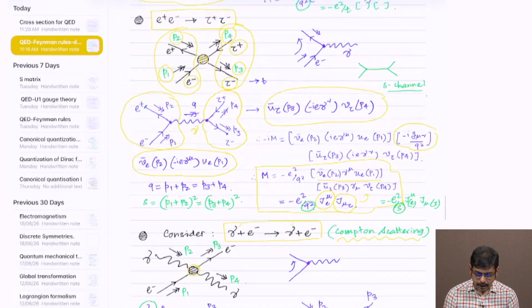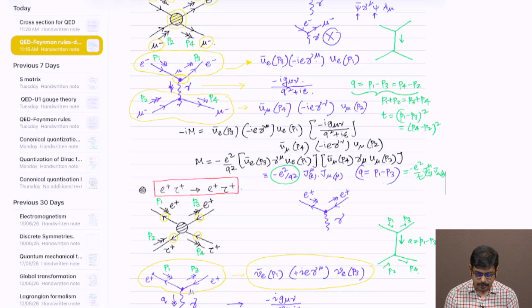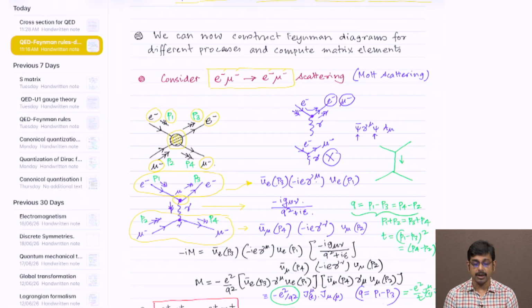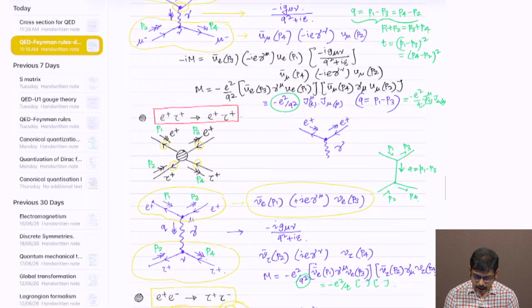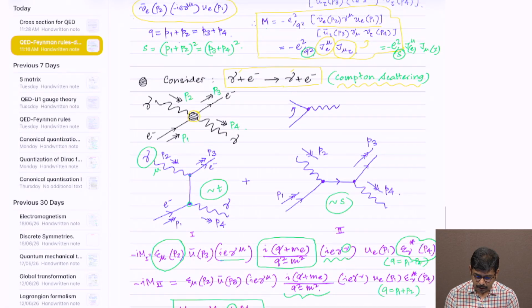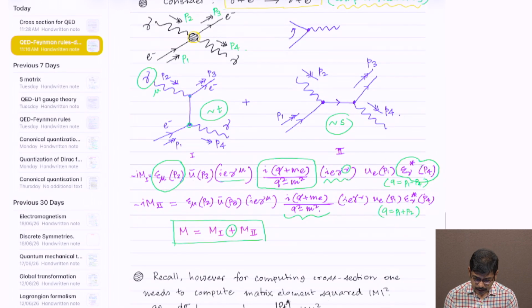Let me quickly remind you that for different processes like e plus e minus going to tau plus tau minus, or e minus mu minus going to e minus mu minus, we have been able to write the matrix element or the amplitude, which you can see here. For Compton scattering also we could write the matrix element using the rules that we developed.